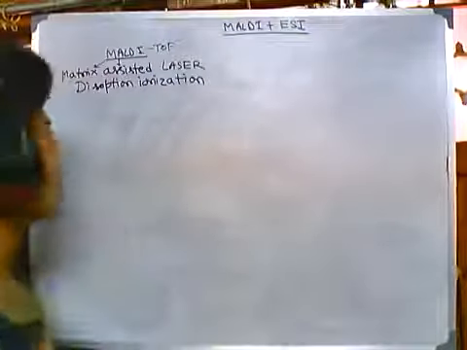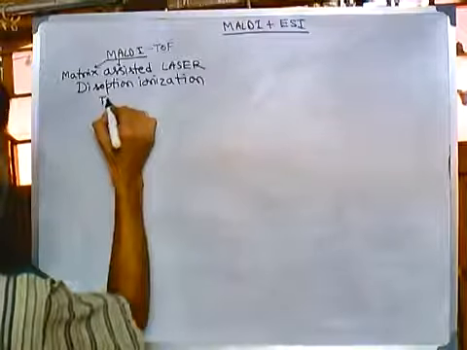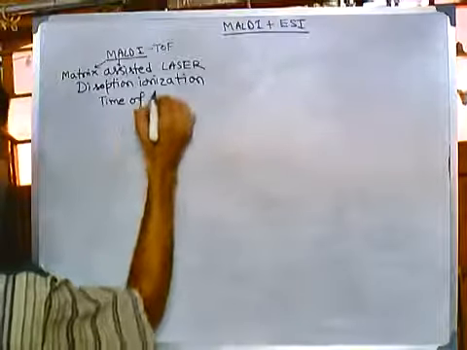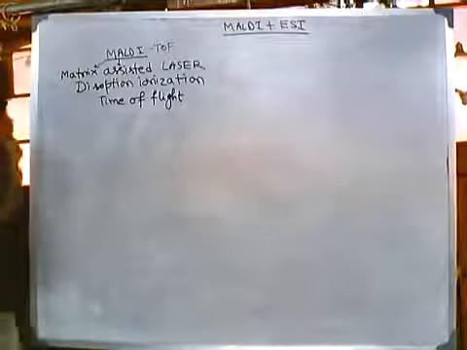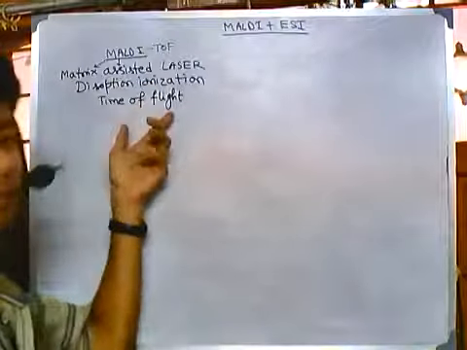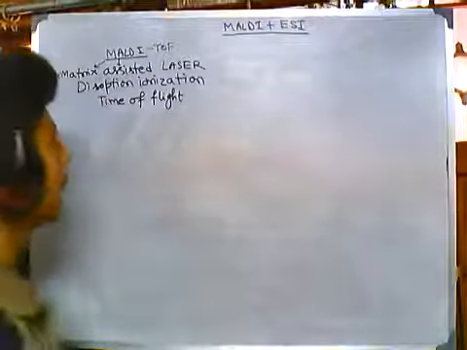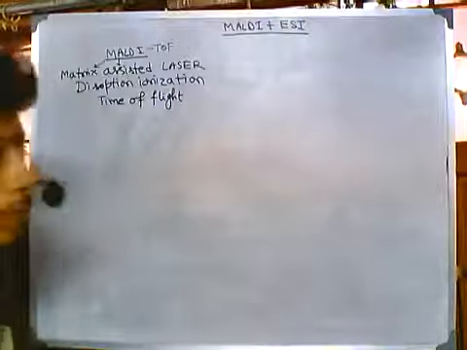It is called MALDI TOF, where TOF means time of flight. So, matrix assisted laser desorption ionization time of flight. It's a mouthful of a name, right? But the process is extremely simple, and you are about to know the process.